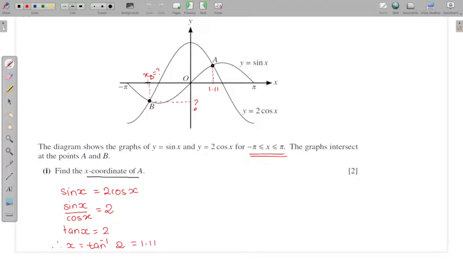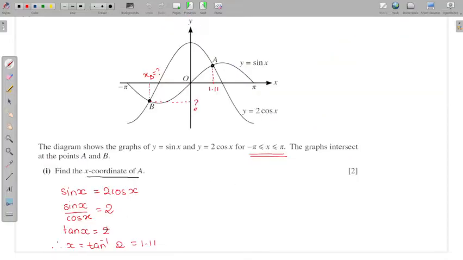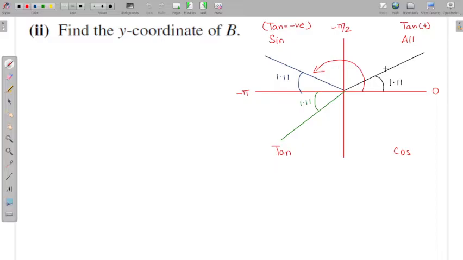So for that to happen, your tan value should be negative, and tan is negative in this quadrant because here tan was positive. The previous answer for x, we had a positive value for tan, it was plus 2. So that is why I had drawn this angle in this quadrant.